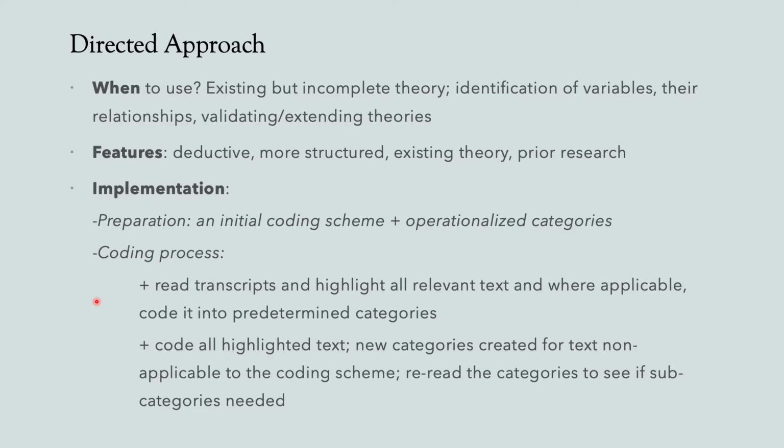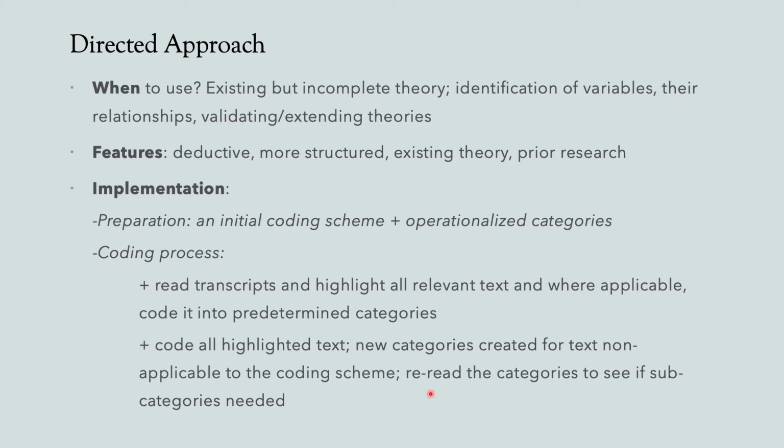Where applicable, we can code it into the predetermined categories that we prepared in the first step, and then we code all the highlighted text. New categories are created for text not applicable to the coding scheme. That means you may have a segment of information that you believe cannot be coded into the predetermined scheme. That's all right, and you can just create new categories.